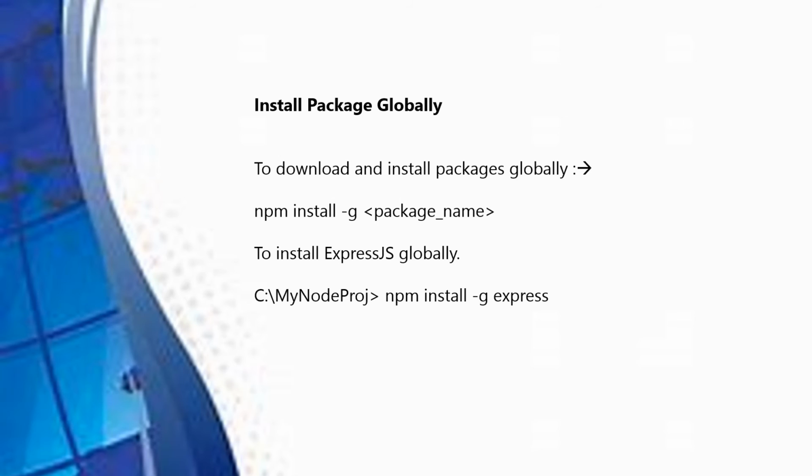Apply -g in the install command to install the package globally. For example, the following command will install Express.js globally. Give the command npm install -g express. So g stands for global installation.